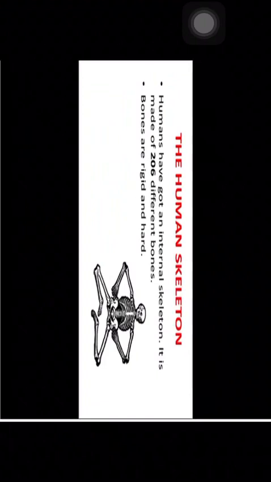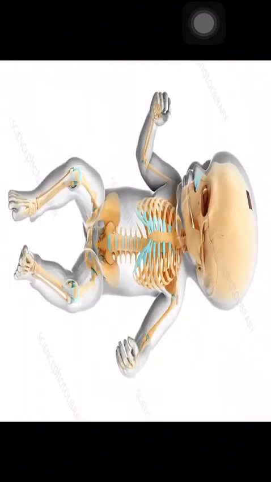The adult human being is made up of 206 different bones. When a baby is newborn, the skeleton of the newborn baby has 306 bones.